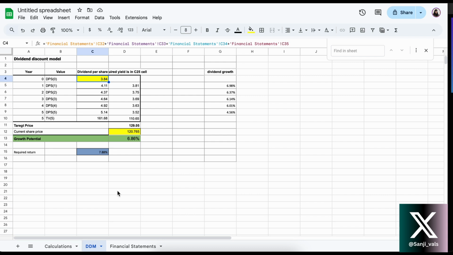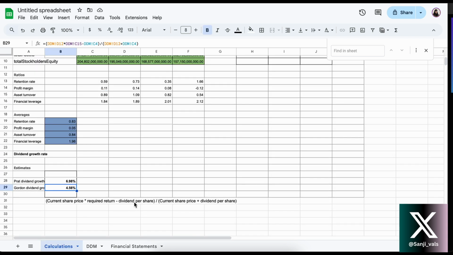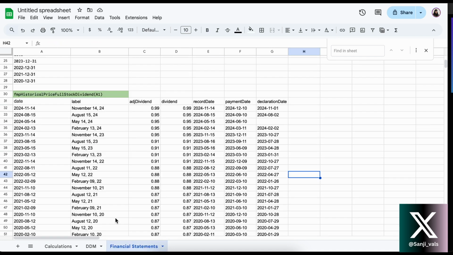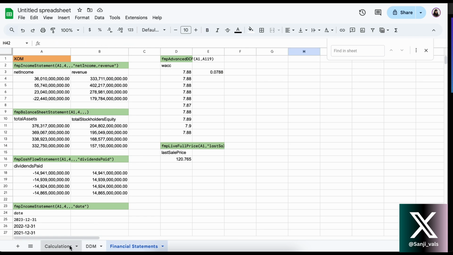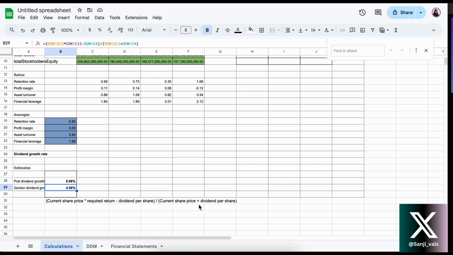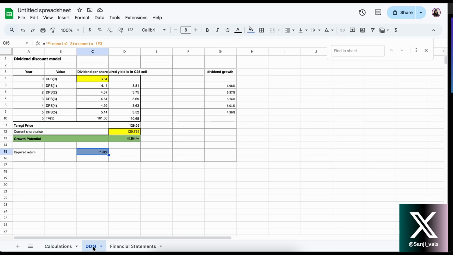And then based on this formula, let's return to the formula in calculations: minus dividend per share multiplied by the required return, which is 7.88, that we again extracted from our financial statements from over here, minus dividend per share, which is here 3.84, and then divided by current share price plus dividend per share, and we get the Gordon dividend growth rate, which is 4.56.